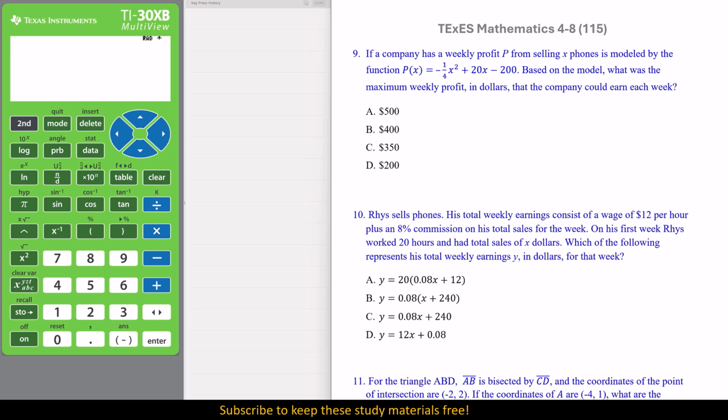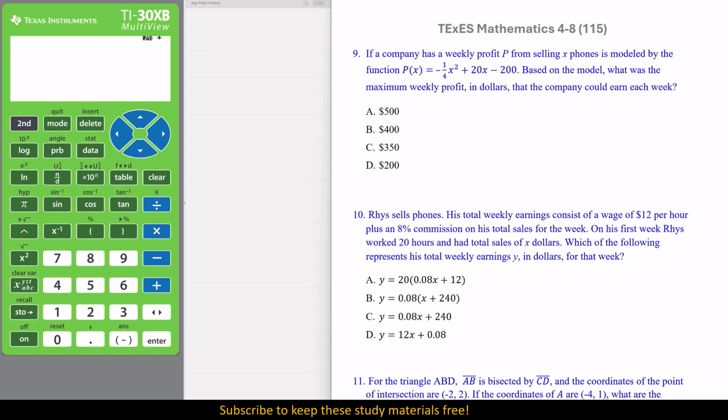Number 9, if a company has a weekly profit P from selling X phones is modeled by the function P of X equals negative 1/4 X squared plus 20X minus 200.